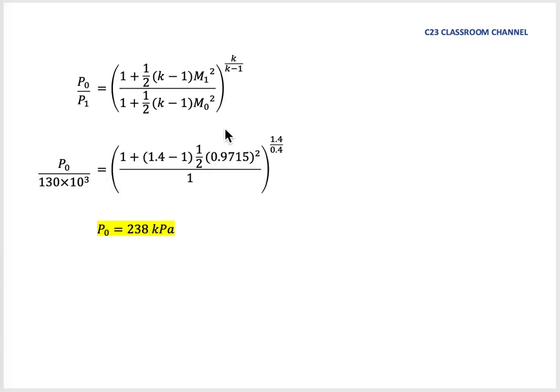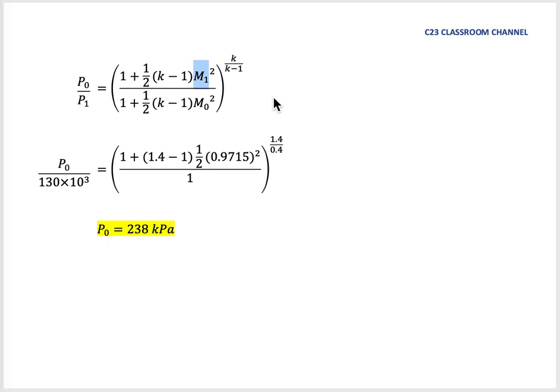So to calculate the stagnation pressure, we have the isentropic flow pressure ratio equation as this one. So we could assume that P2 here is the stagnation pressure, P1 is given in the question, Mach number 2 is equal to 0 for the stagnation condition, and Mach number 1 can be found in the previous calculation.